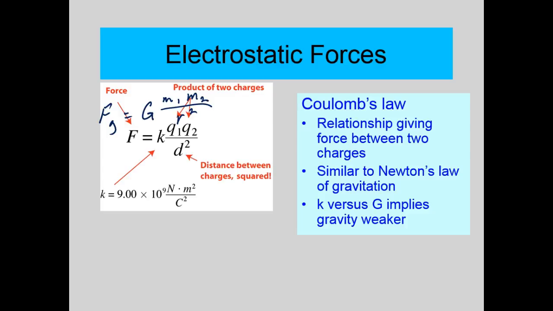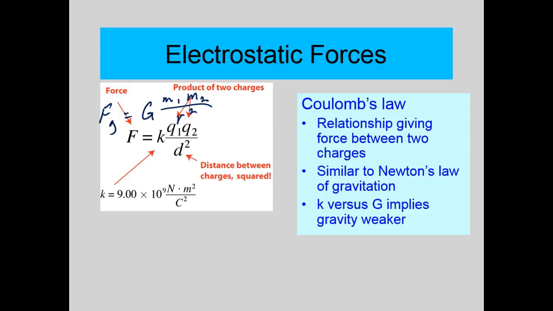Whereas charges are really tiny, you know. So you're dealing with usually 10 to the minus 8 coulombs or something like that most of the time. And the distances are very small too, so they kind of cancel out. So indeed, you can kind of look at the ratio between K and G.